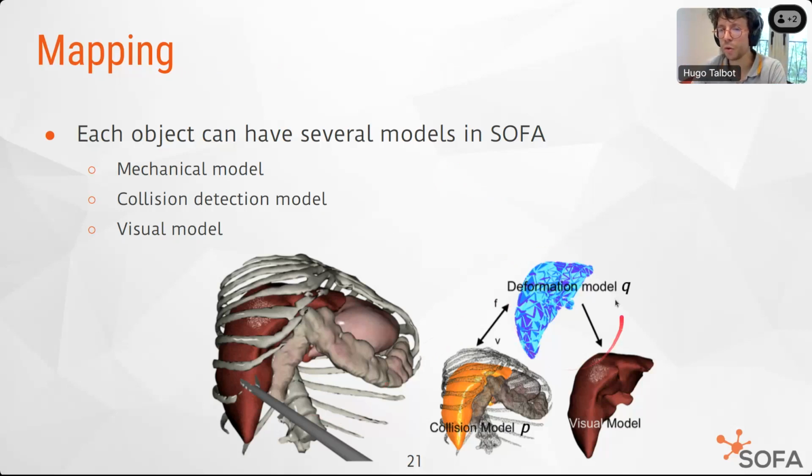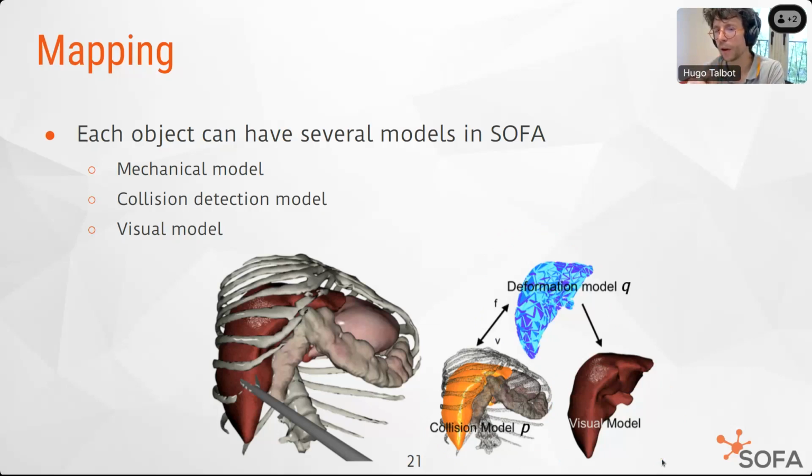We can use one specific representation, so one mesh, one topology used for the mechanics to compute the deformation of our model. But we can also use other representations, other meshes, other primitives for the collision detection, for instance, or for the rendering. So I don't know if some of you are guessing why this feature can actually be pretty interesting.